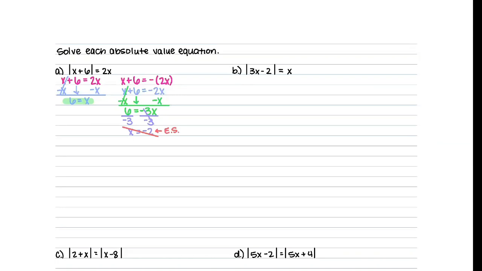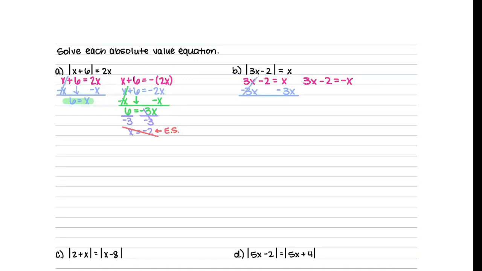For B, we have the absolute value of 3x minus 2 is equal to x. So this is going to leave us with 3x minus 2 is equal to x, as well as 3x minus 2 is equal to negative x. To solve this, I'm just going to move my 3x over by subtracting it from each side.